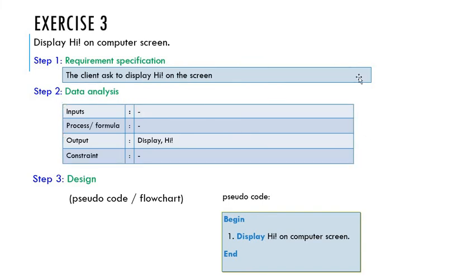This is an example of pseudocode whereby you begin the pseudocode and the first step is display high on the computer screen. So you have only one step here.